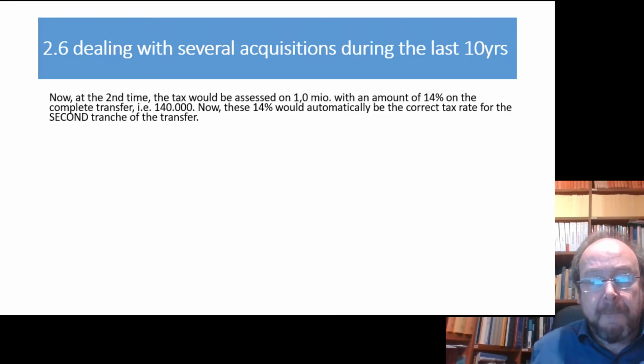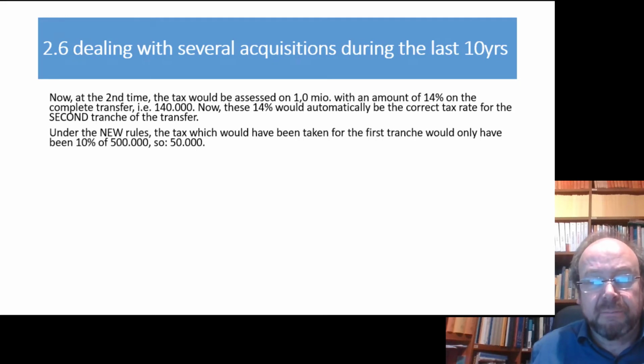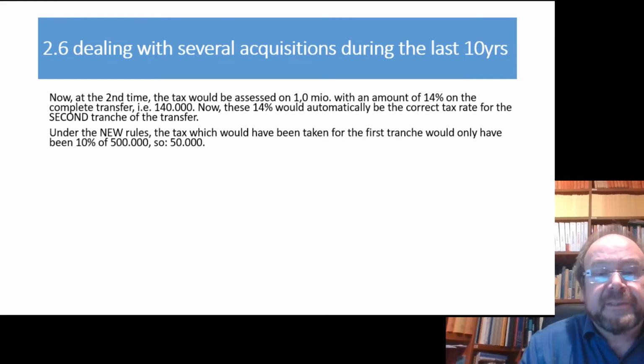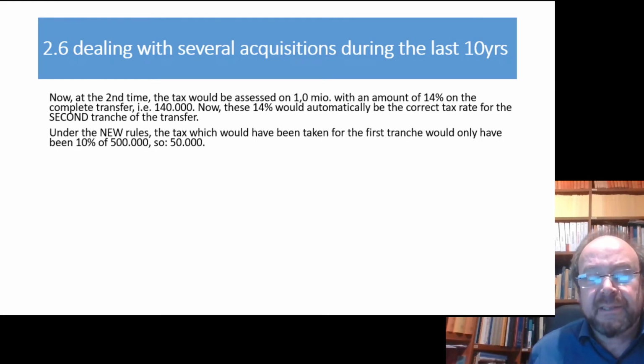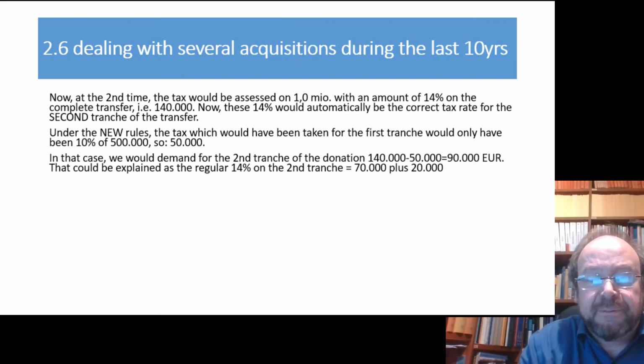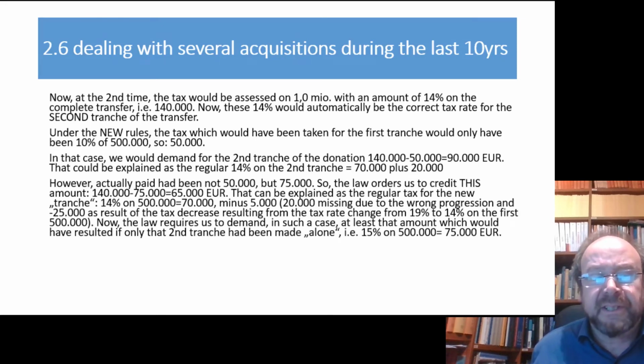Now, the second time, we would say 14% should be demanded. Under the new rules, you would only have charged 50,000. So if we calculated that based only on the new tariff, we would demand 90,000 for the second tranche. That could be explained as 14% regular tax on the second 500,000 plus 20,000, which is, by the way, in a certain way, simply exact.